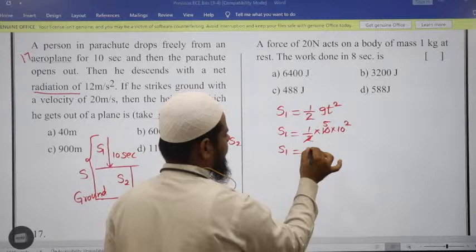Now, what do you have here in the data? You have the data of acceleration here, velocity here. What do you need? S you need. So for that purpose, what is the relation between S, a, v? The formula is v square minus u square is equal to 2as.